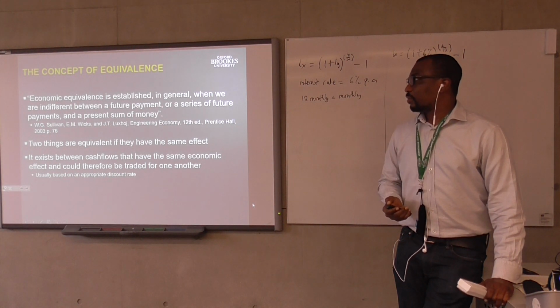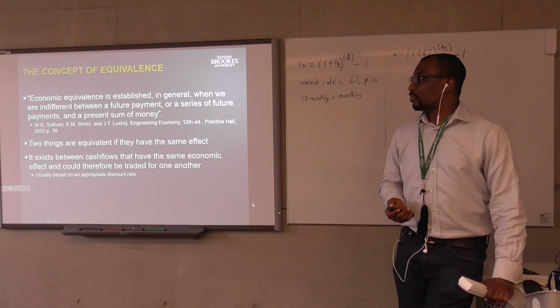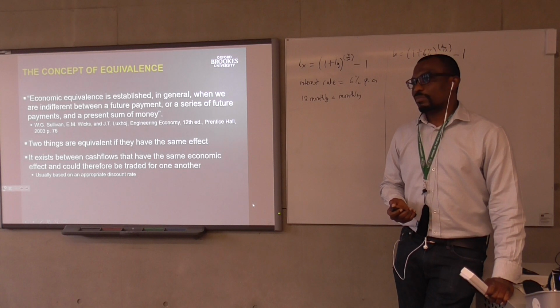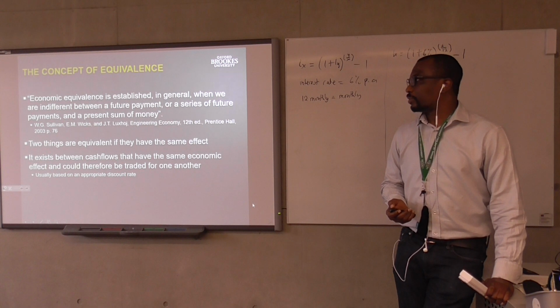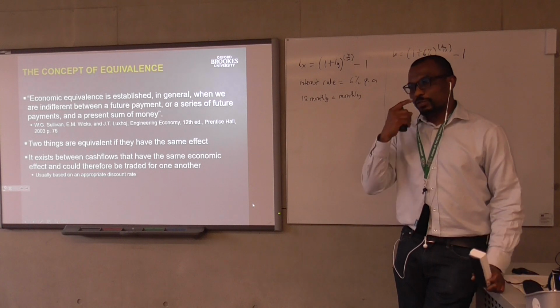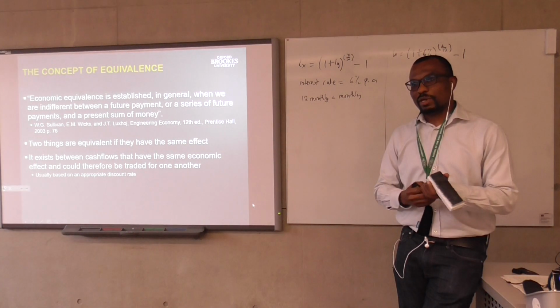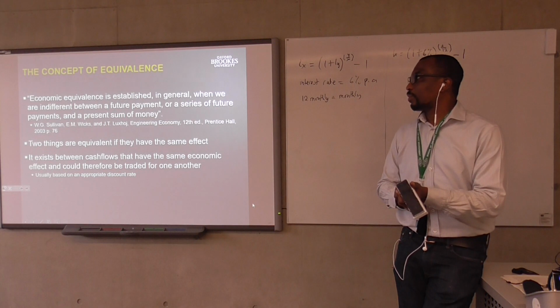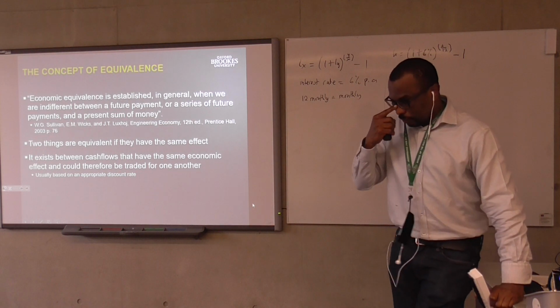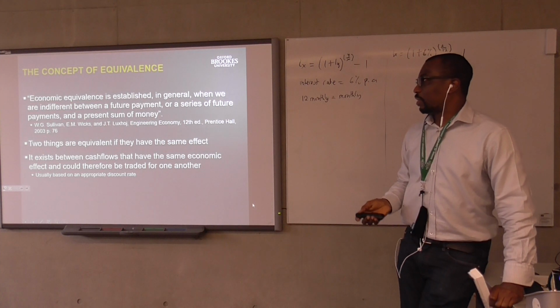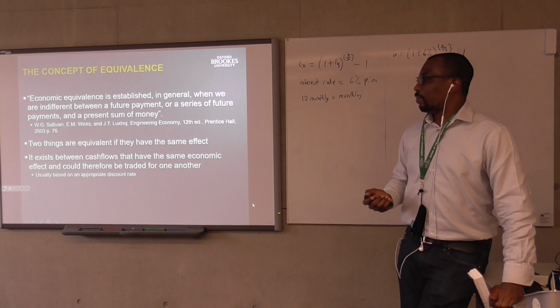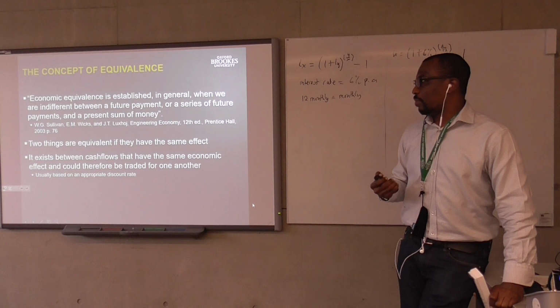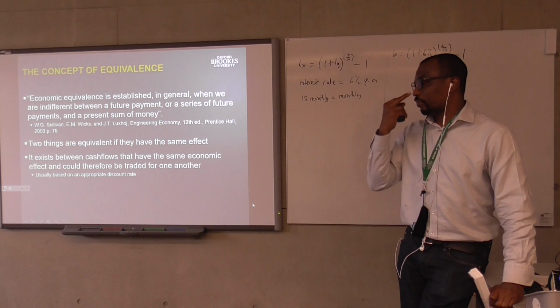There is a concept called economic equivalence when it comes to projects, right? Because there are various dimensions or various ways of evaluating a project, we have this concept of economic equivalence where we say we become indifferent between a future payment or a series of future payments.